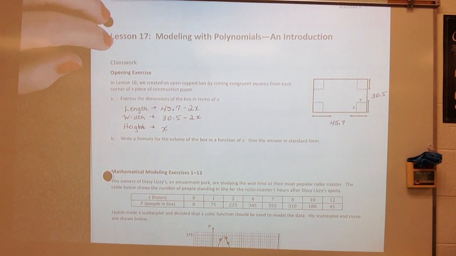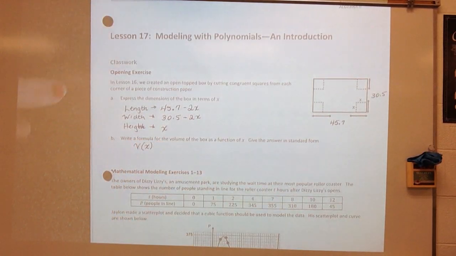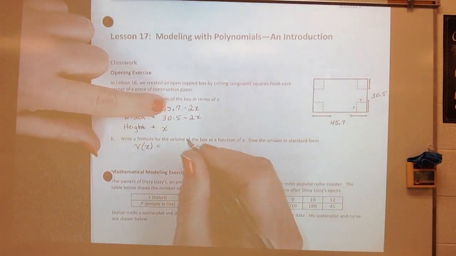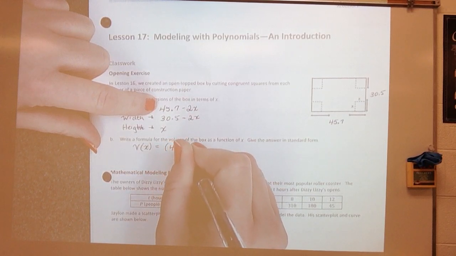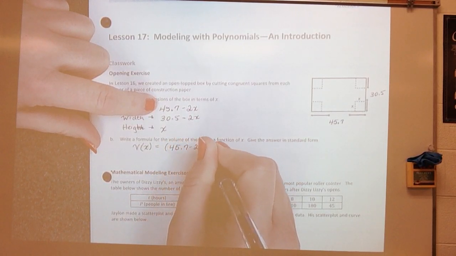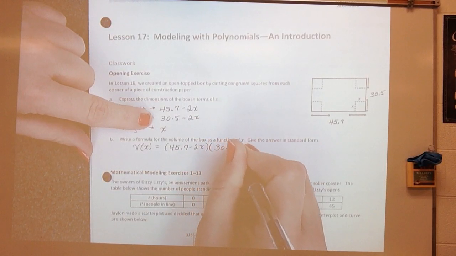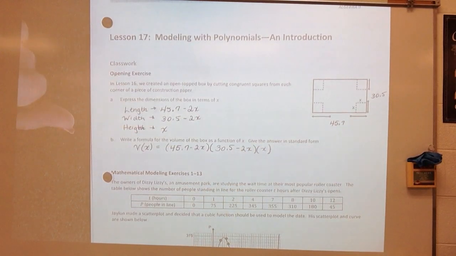Alright, so we can just call this V of x, or the volume of x, is equal to length times width times height. Alright, so I would have to multiply all of this out.